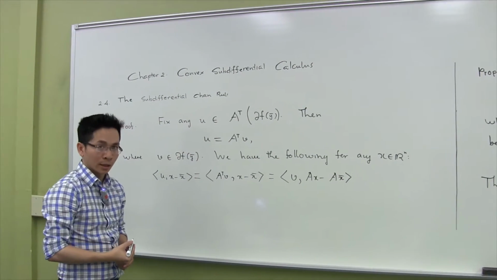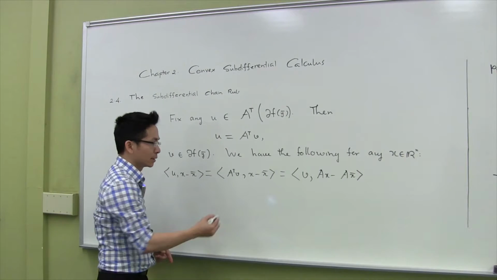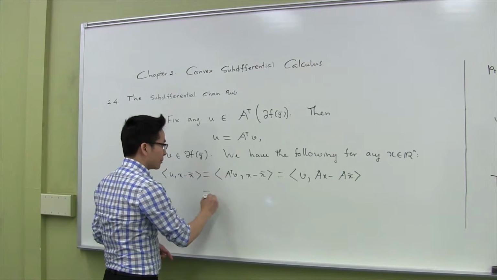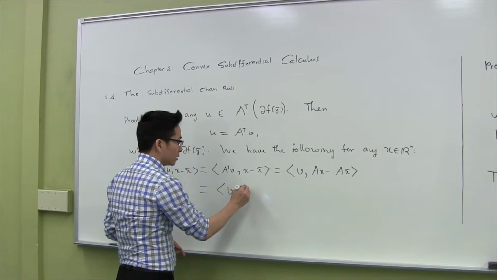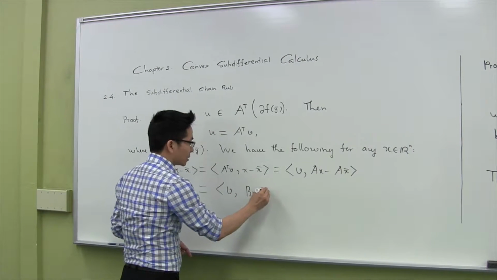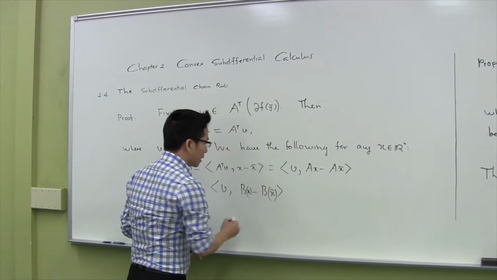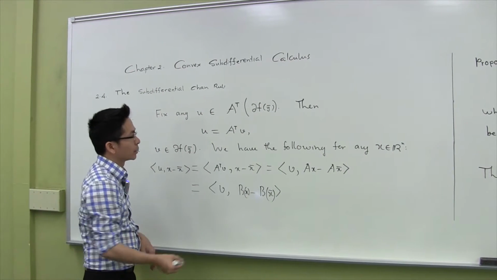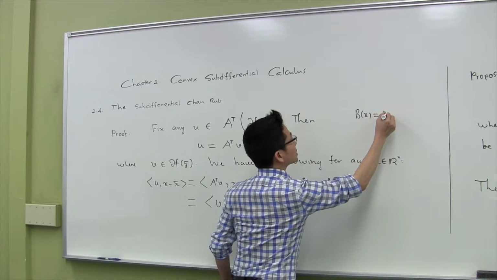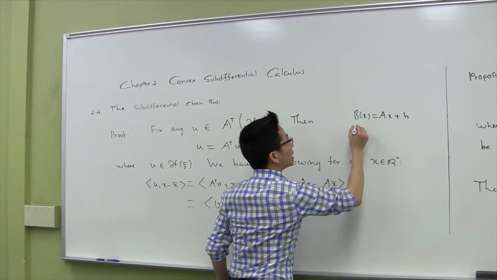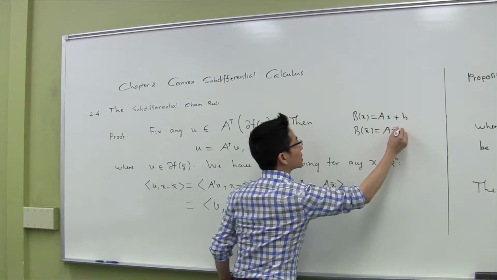As we know earlier, by the definition of the affine mapping B, we have the following. This is the same as the inner product of v and B x minus B x bar. Again, this is true because B of x is actually Ax plus b, and B of x bar is equal to A x bar plus b. Okay.